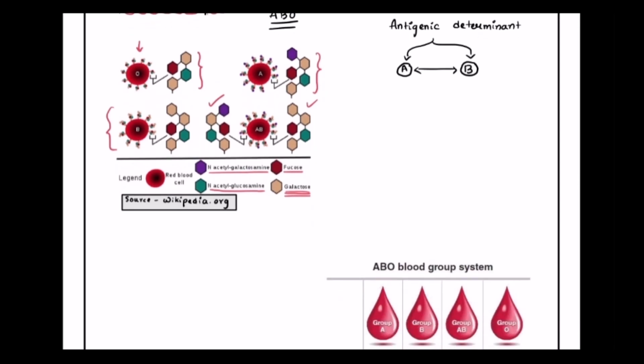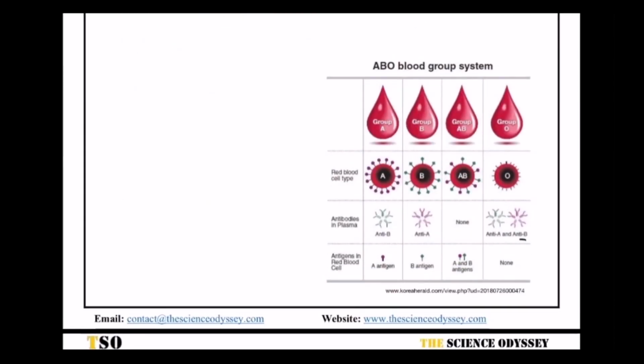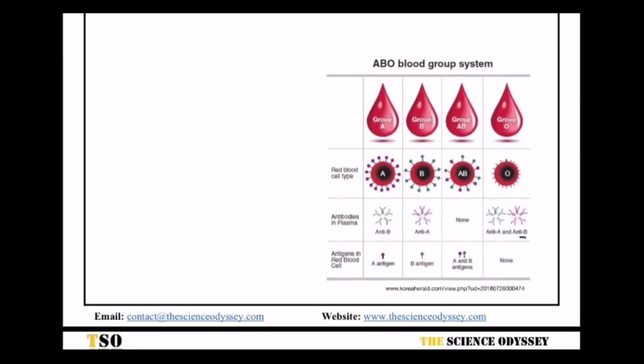Now, holding on to that thought, another very important aspect is the presence of antibodies related to the blood group that we are talking about. When the blood group is of A type, the antibodies present in the plasma would be anti-B.